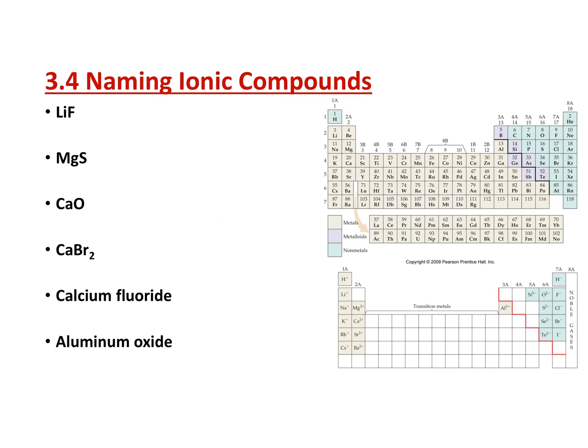So here are a few examples for you to practice with. The first one, I've got lithium and fluorine. That's going to become lithium fluoride. I've got magnesium and I've got sulfur. That's going to become magnesium sulfide.